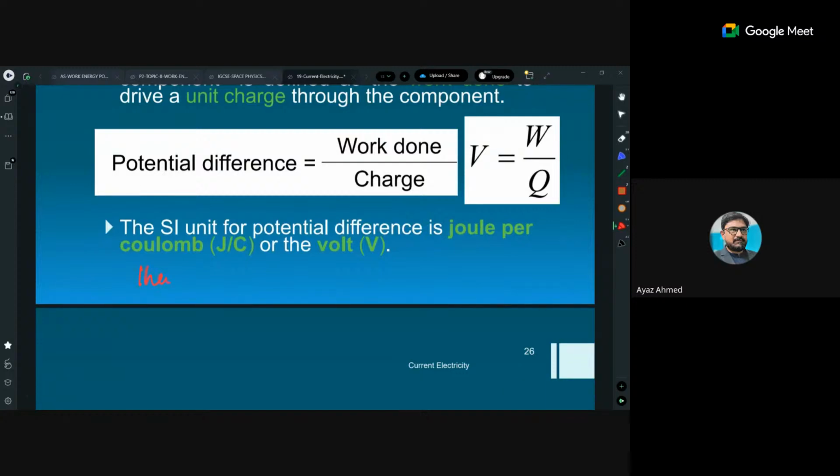They are not the same quantities. They are different quantities actually, but they have same units. Okay, so technically both are voltages.